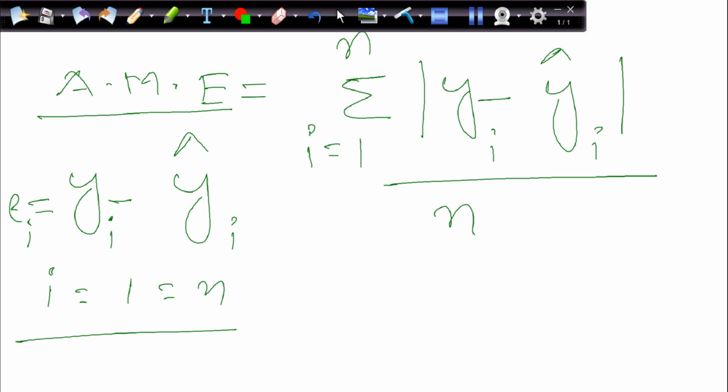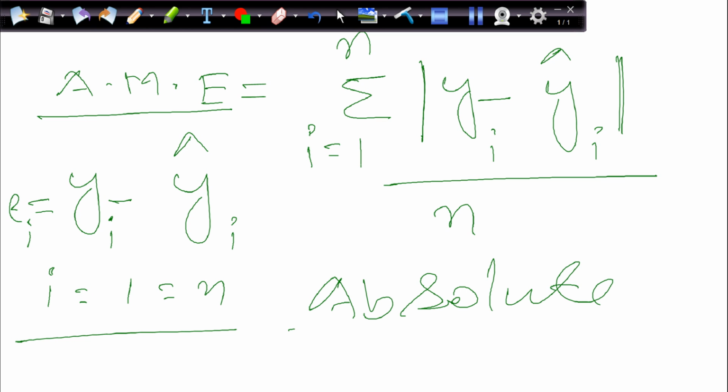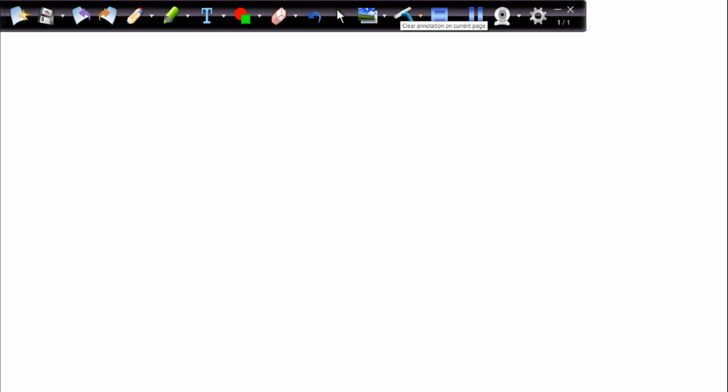Now there is one more trick in order to get the positive value of this error. Rather than taking the absolute value, we can take a square, we can square it, right? So for example, let's say I have error as -5.